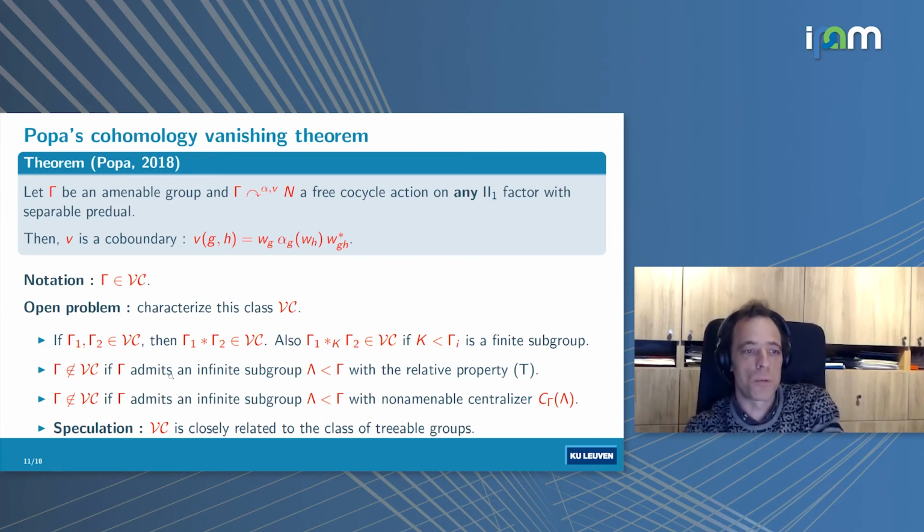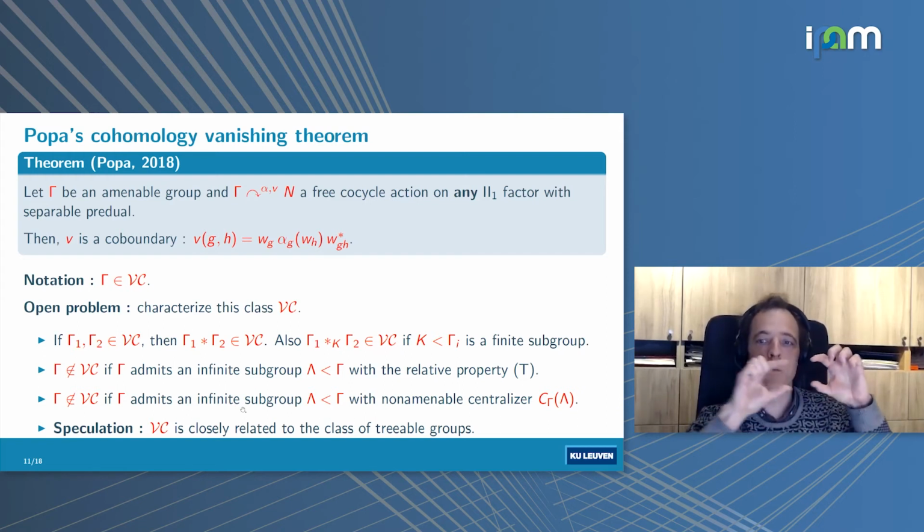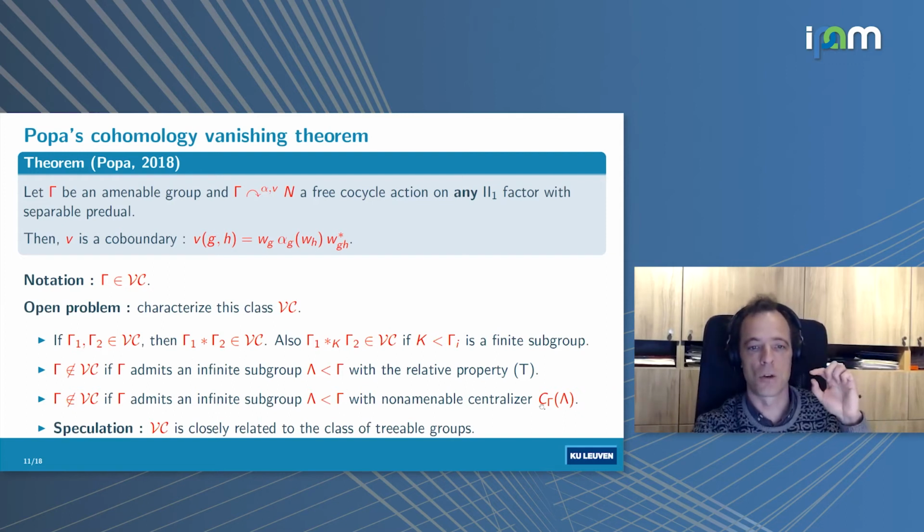If your group has an infinite subgroup with relative property T, then cohomology vanishing cannot hold. Maybe more accessible as a notion, and very group theoretic once more: if a group lambda admits an infinite subgroup that commutes with a non-amenable subgroup, so we say that the group has a non-amenable centralizer, then again, this is an obstruction for cohomology vanishing.